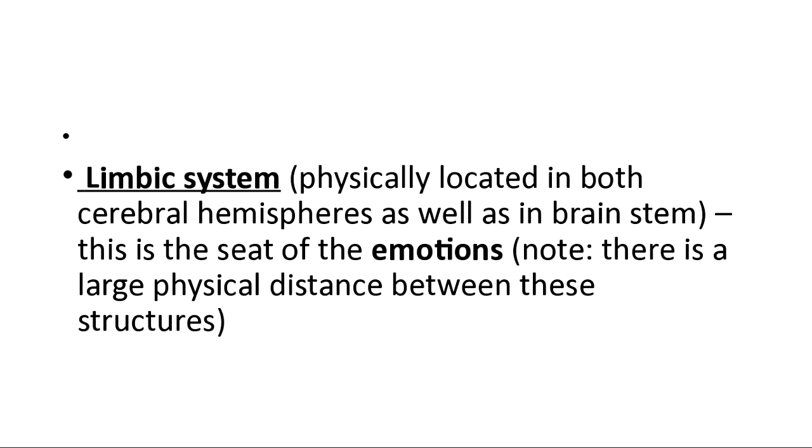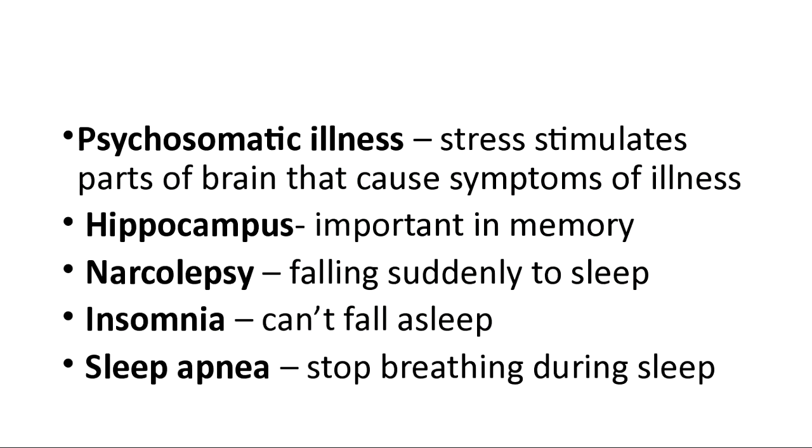The limbic system is the emotional system of the brain, and parts of it are located in the cerebral hemispheres and brainstem. Most of these are towards the central part of the brain. Now, these are some terms of a few homeostatic imbalances.